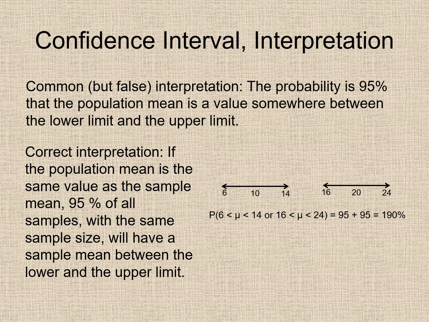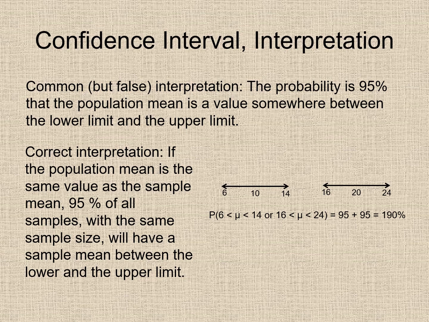And again, we calculate the confidence interval around this sample mean, and we get a confidence interval from 16 to 24. So with the common interpretation, we would say that the probability is 95% that the population mean is a value somewhere between 16 and 24.